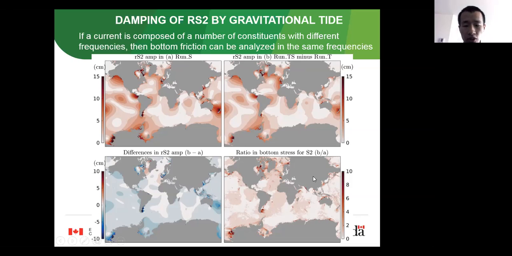In the bottom right panel, we show the ratio of the S2 bottom stress between the runs with the inclusion of nonlinear interaction and the runs without nonlinear interaction. We can see that the nonlinear interaction greatly increases the S2 bottom stress over these regions, and this explains the damping of RS2 over these regions.